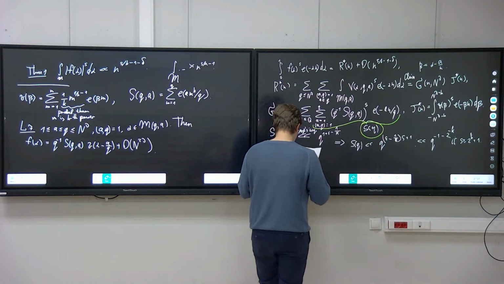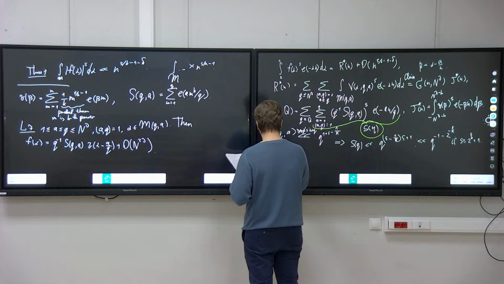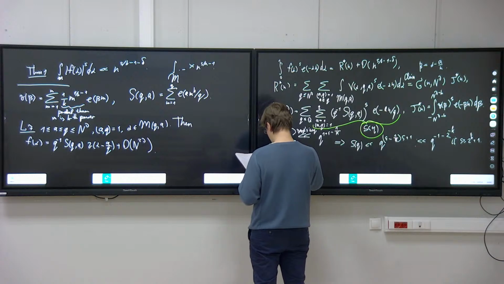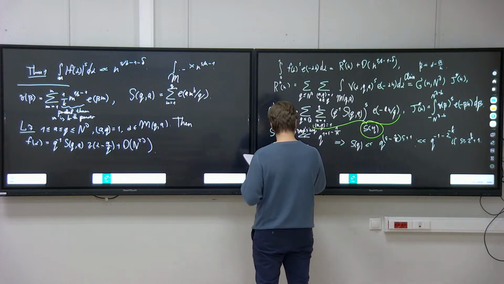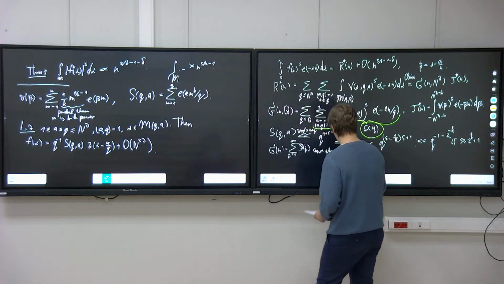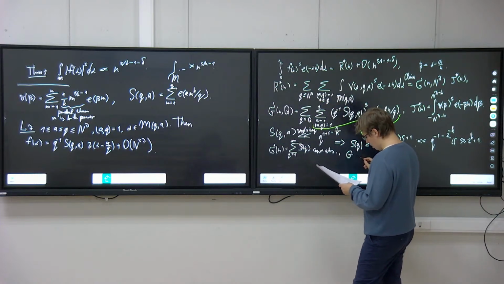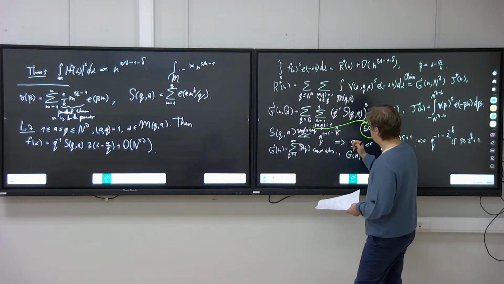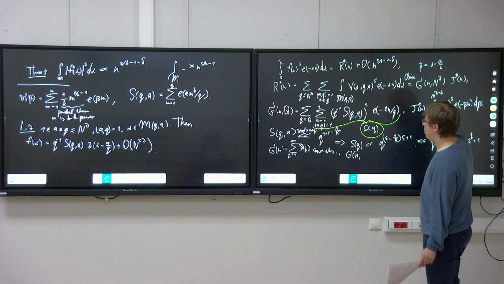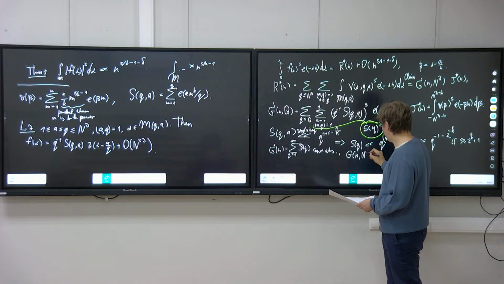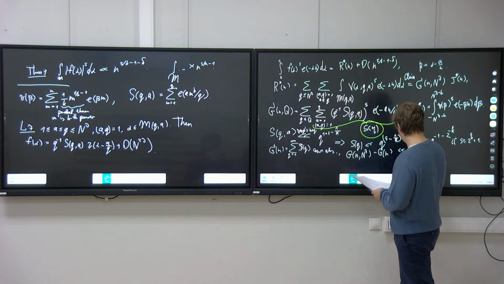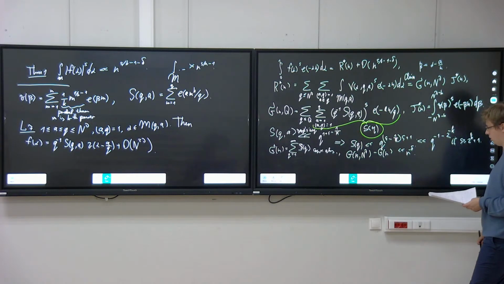So let's denote by J of n the sum over q from 1 to infinity of S of q. It converges absolutely. And also our difference, so here we have n to the power nu, yes? N to the power nu minus J of n is less than n to some small power minus a small power, yes?